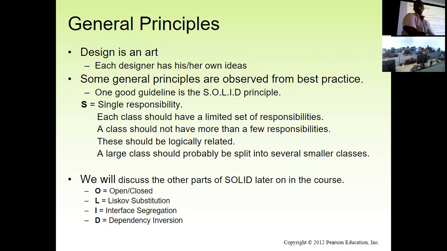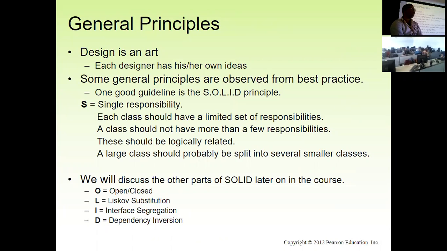So we're saying that each class should have a single responsibility, which means limited: a class should not have more than a few. These should be logically related. So you don't want a responsibility in a class that doesn't really relate to that class. Put it somewhere else.